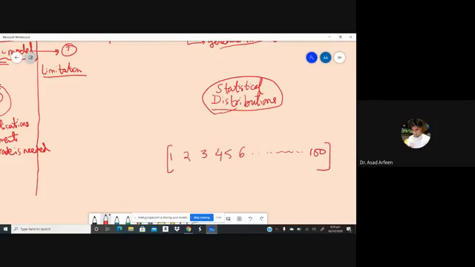They assign weight to these values, or what we call likelihood. So assign p1 to this data, p2 to this data, p3 to this data, and similarly p100 to this data.